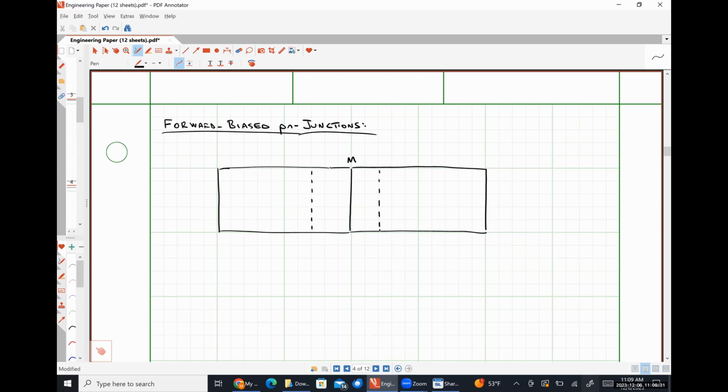Let's see, we have our bound negative charge over here, bound positive charge over here, and then drawing some randomish number of dopant nuclei on both sides.